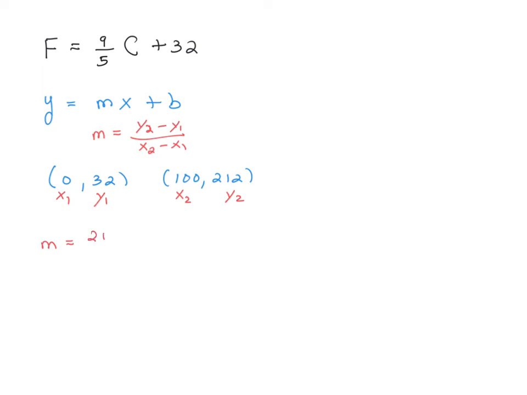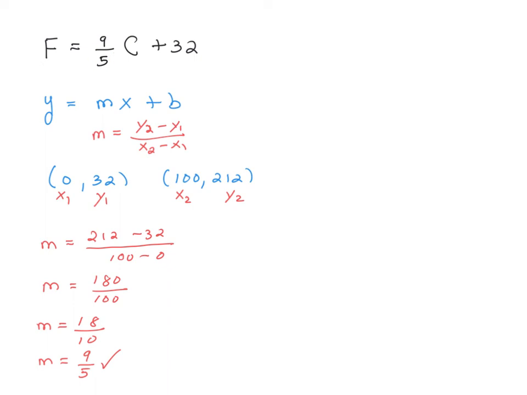That is 212 minus 32, all divided by 100 minus 0. If we simplify this, that is 180 over 100, and that's really 18 over 10 if you cancel the zeros. And if you cancel a factor of 2, you get 9/5. That's the slope of the line, which matches up with this.